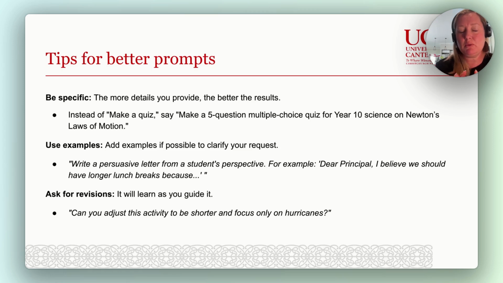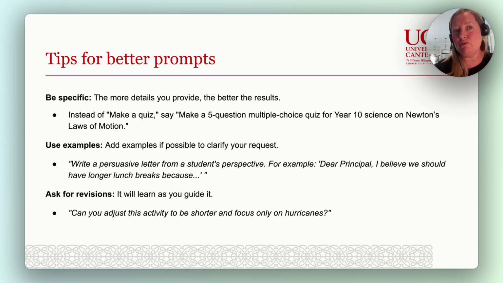So, to wrap up this quick introduction to prompting in large language models, it's important to think about the information that you put into your prompts. Make sure that your prompts are clear and that they give the AI context. You give specific information that you're looking for, give it examples, and then also ask revisions if it's not what you're looking for.